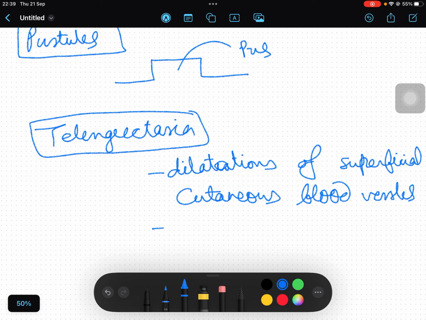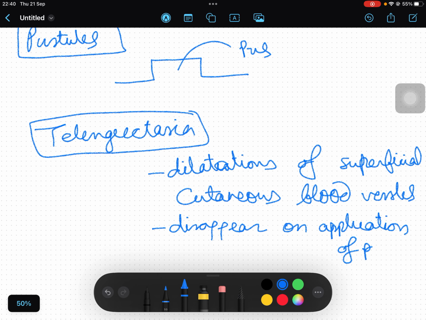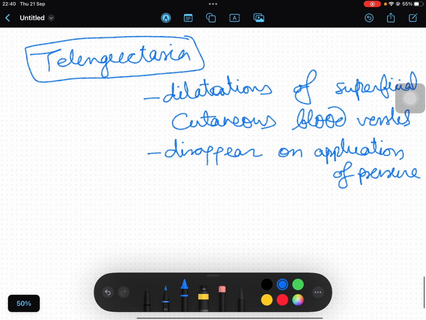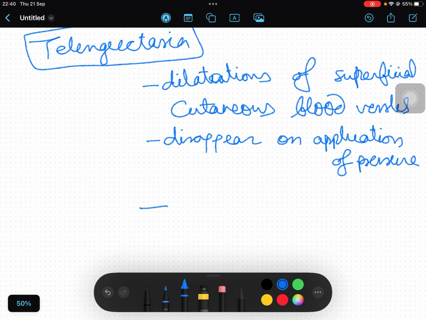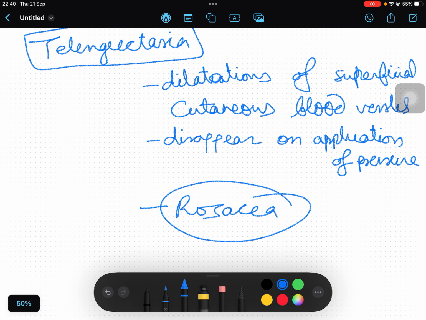They usually disappear on application of pressure. Examples of telangiectasia may be seen in case of rosacea on the face. If there is rosacea, we can see telangiectasias around the nose and on the cheeks.